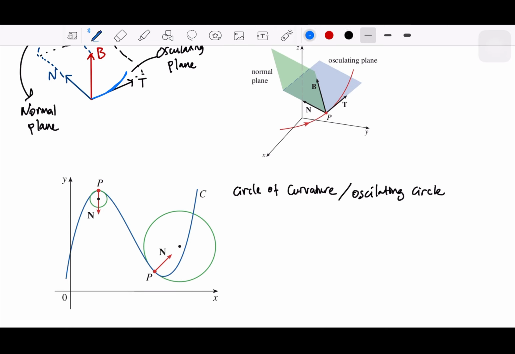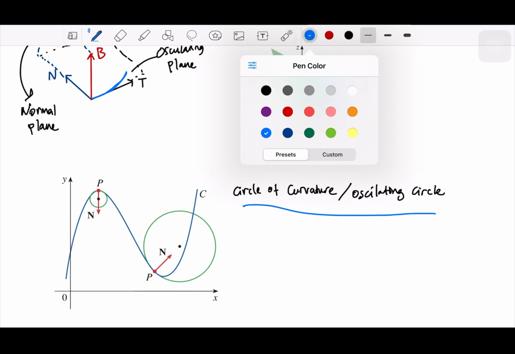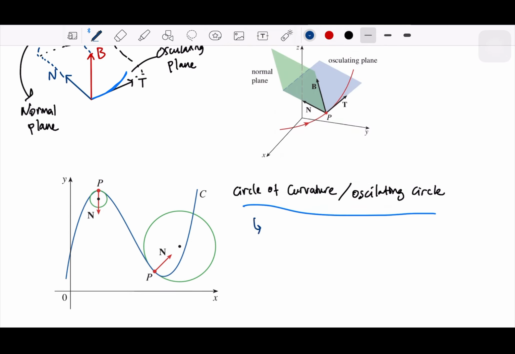So this is the definition, let me write. The green one is our circle of curvature.